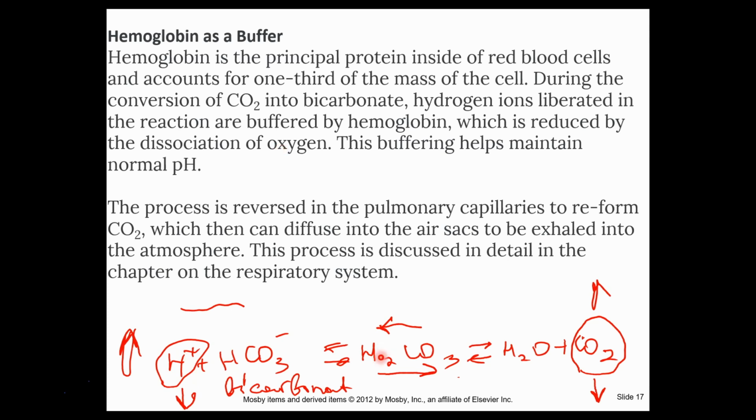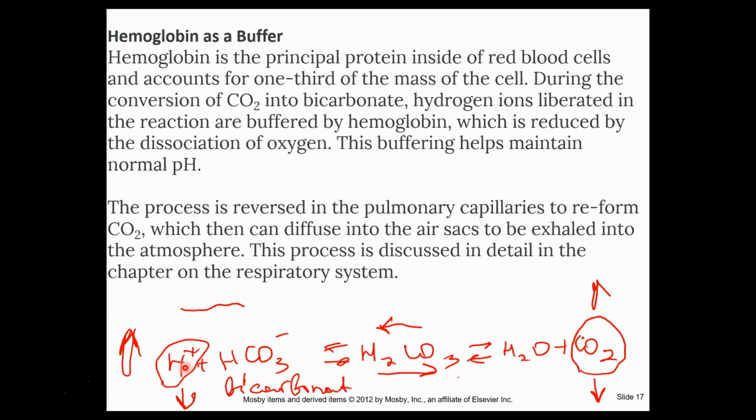What I wanted you to get is an idea of how this shifting takes place. When carbon dioxide begins to build up in the blood, the carbonic acid begins to dissociate into hydrogen ion and bicarbonate ion. So this is bicarbonate and this is hydrogen, okay?